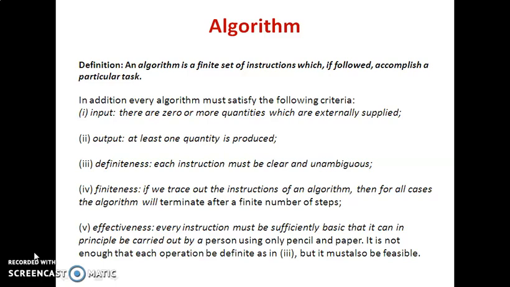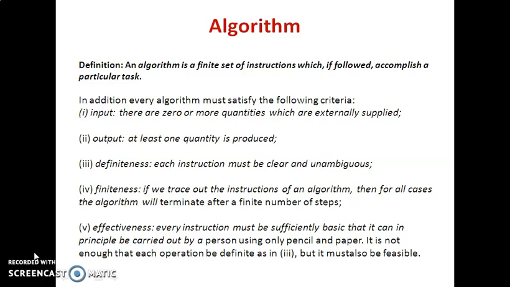Any type of input is given to that particular algorithm. That is meant by input. Right. Second, output. Suppose I give input to that algorithm. That algorithm must produce at least one quantity of output. Suppose I give many inputs, but that algorithm must give at least one output.